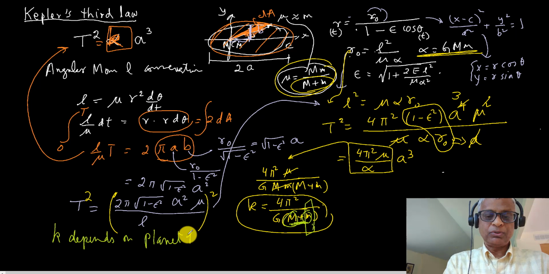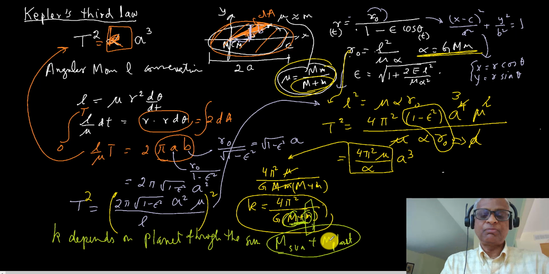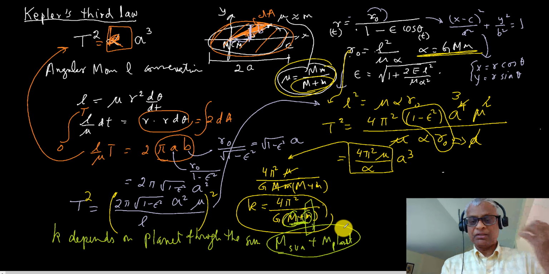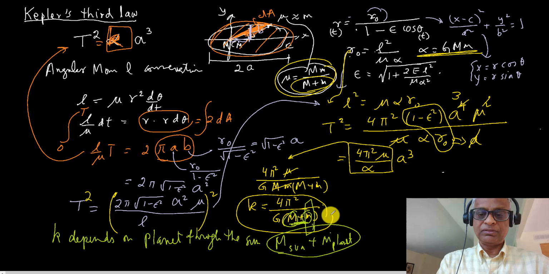This is the mass of the sun and this is the mass of the planet, so through this sum, mass of sun plus mass of planet, and to the extent that the mass of the planet is very small compared to the mass of the sun, you can simplify it.